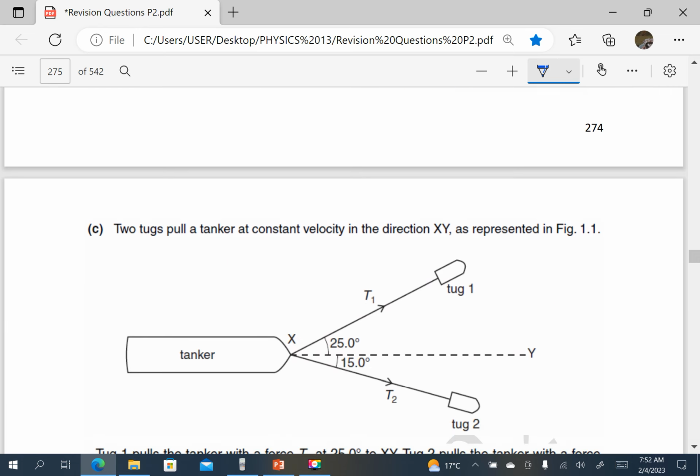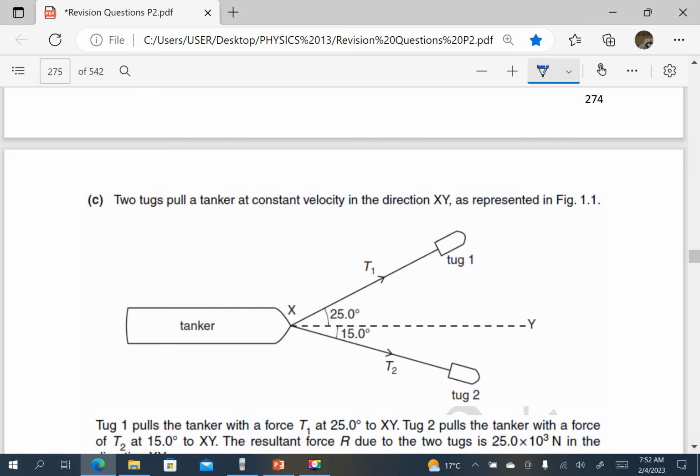Two tugs pull a tanker at a constant velocity in the direction XY as represented by the figure. We can look at the figure.